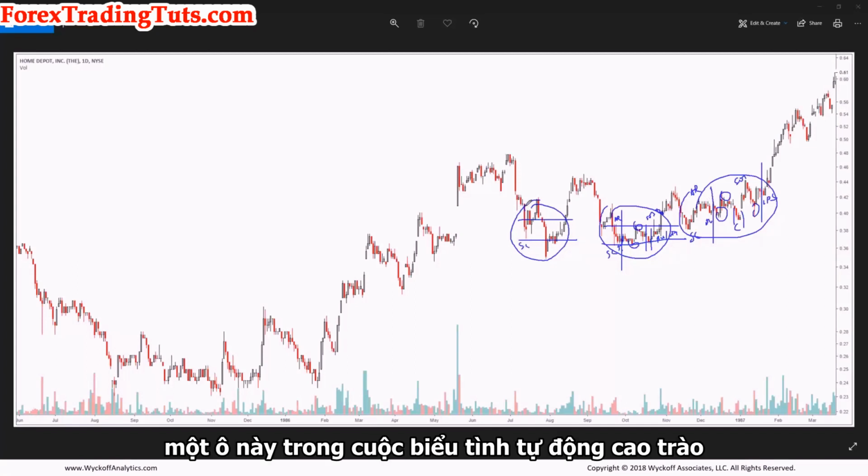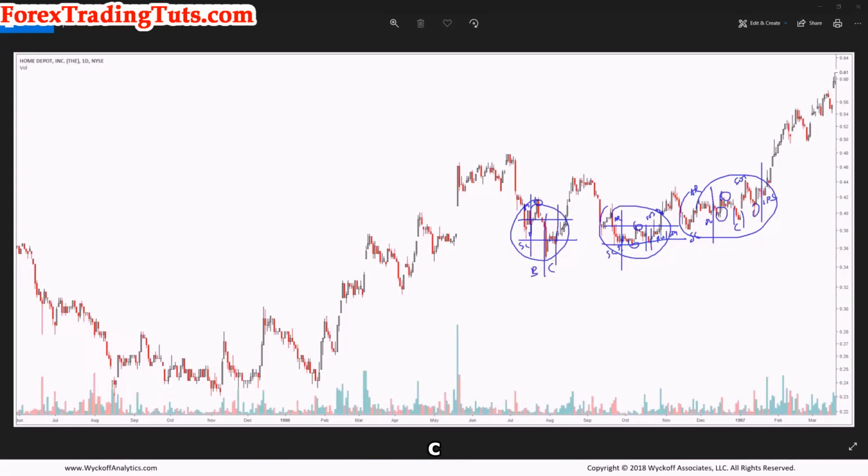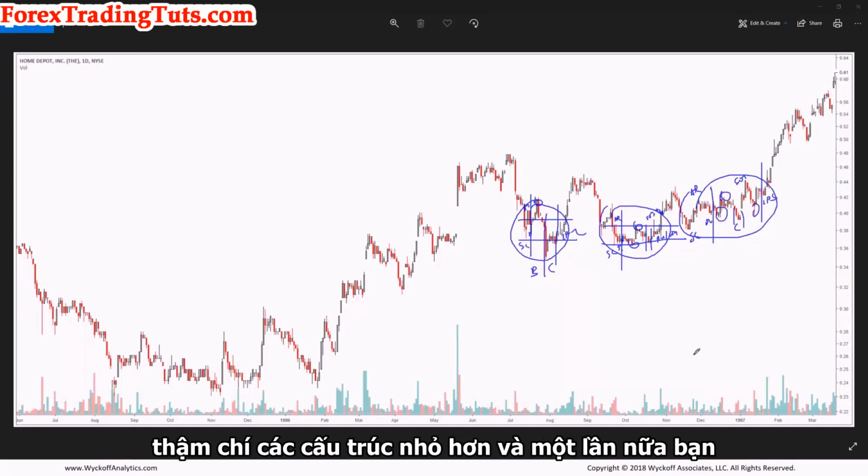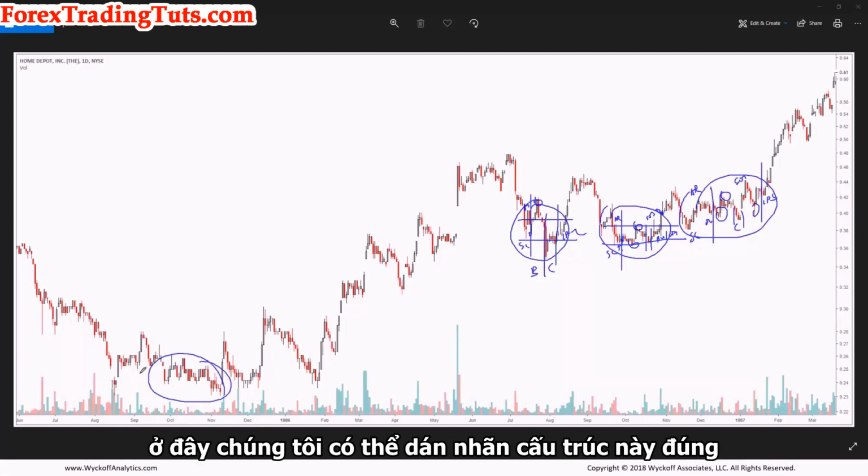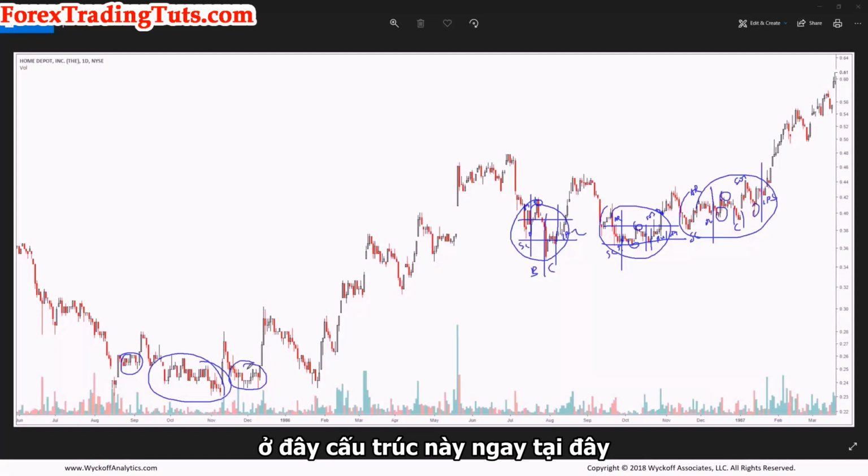This one: selling climax, automatic rally, secondary test, phase A, B, C, LPS, and so on and so forth. So you could see how you could label even smaller structures. And again, we could label this structure right here, this structure right here, this structure right here. Everywhere there are trading ranges.